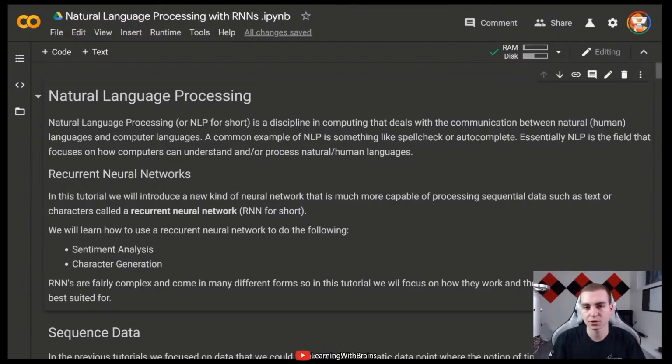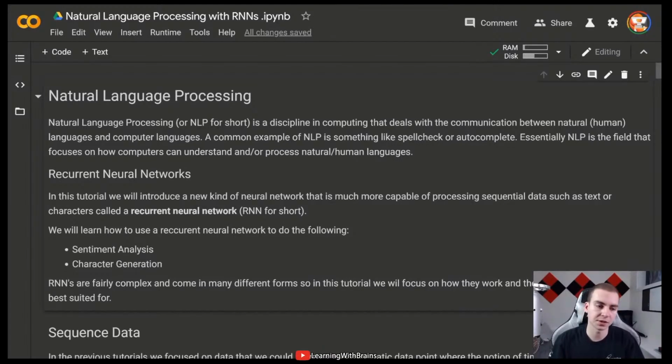Now, the reason we call them natural is because these are not computer languages or programming languages per se, and actually computers are quite bad at understanding textual information and human languages, and that's why we've come up with this entire discipline focused on how they can do that.